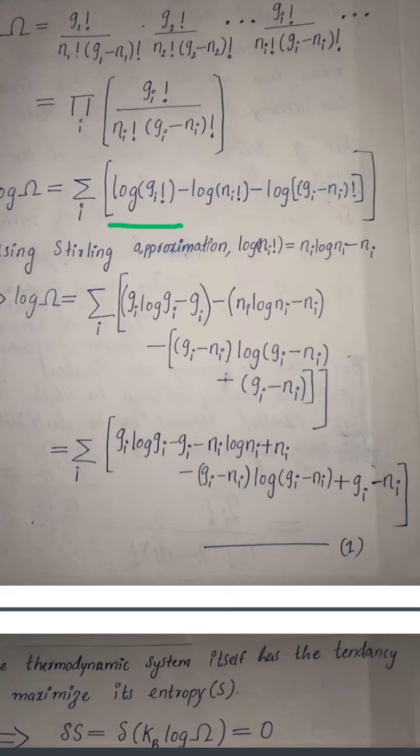Let me open up the brackets. That gives the summation over i of gi log gi minus gi, and minus ni log ni plus ni.